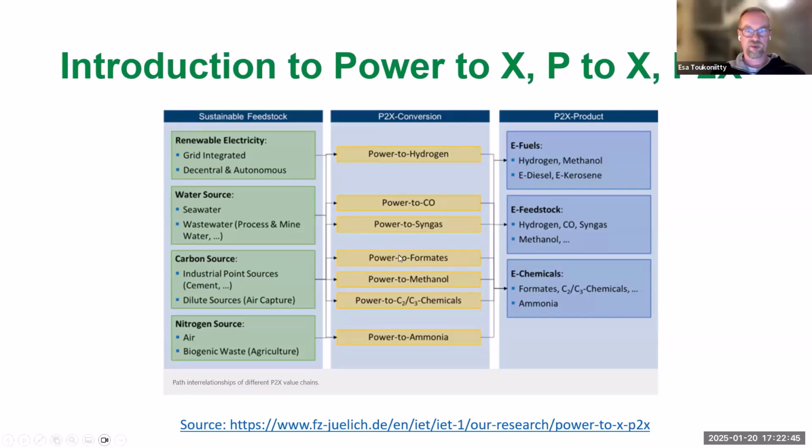Then you can convert these into different chemicals. Methanol, for example, is a quite useful chemical and also a starting material for several different products. We'll take a look at these processes during the course.